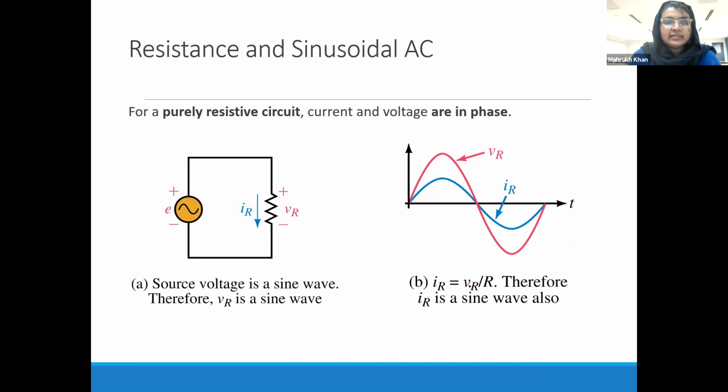It's also a sine wave, and it's a purely resistive circuit, so current and voltage are in phase. I'm talking about current and voltage of the resistor. So here your Z is equal to R.